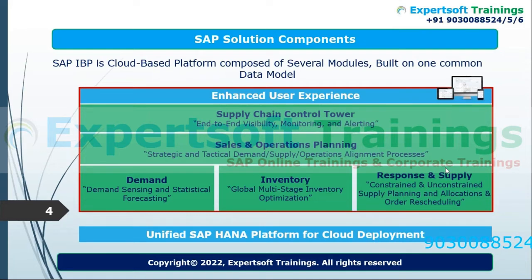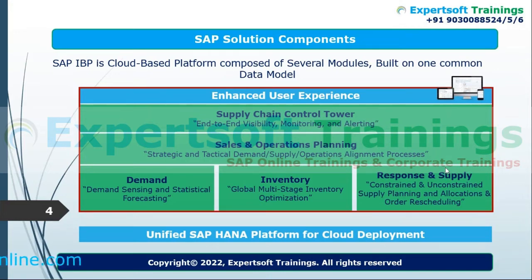For that, we depend upon third-party tools like QlikView or QlikSense, or sometimes we move the data to SAP BW to view those results in the form of reports. For dashboards and everything, we depend upon the QlikView or QlikSense tools.